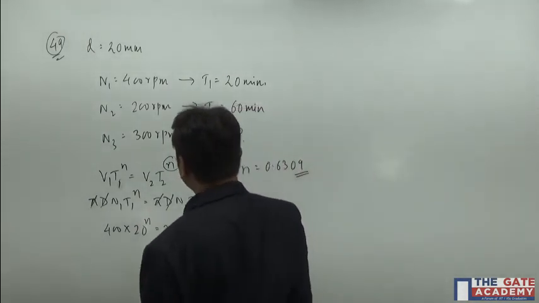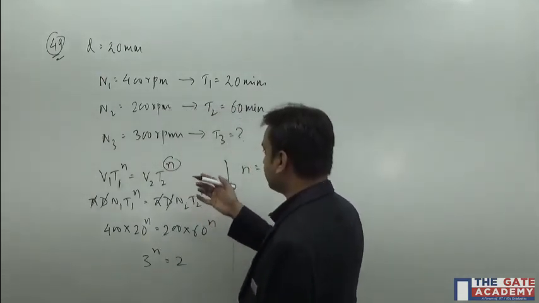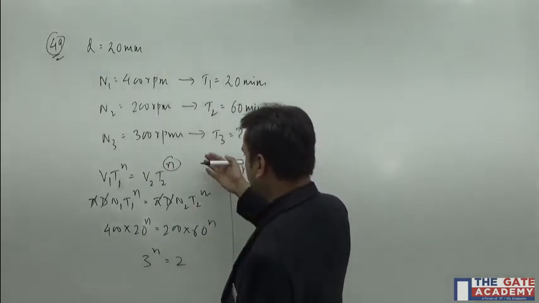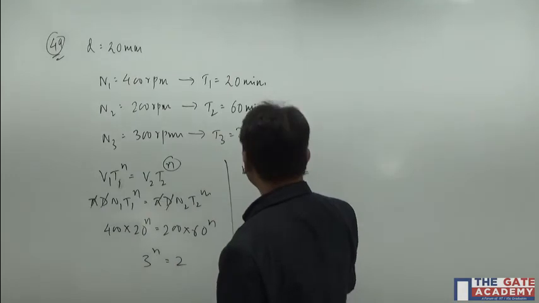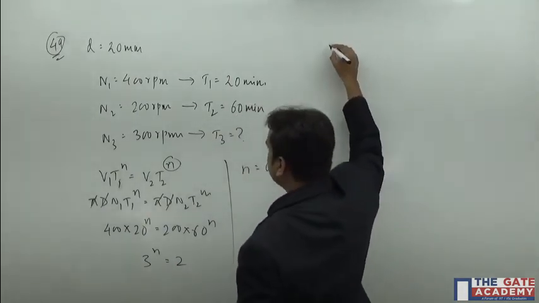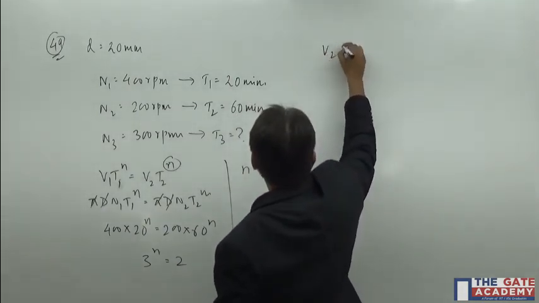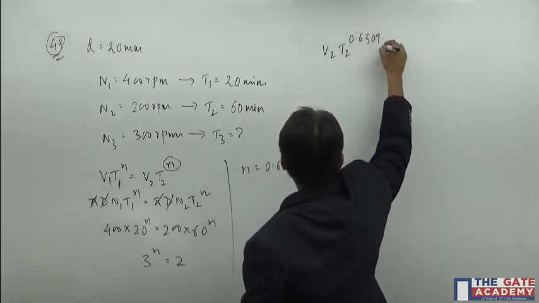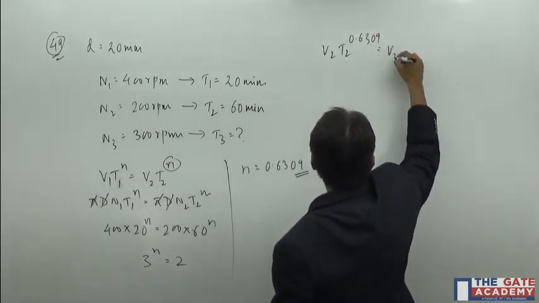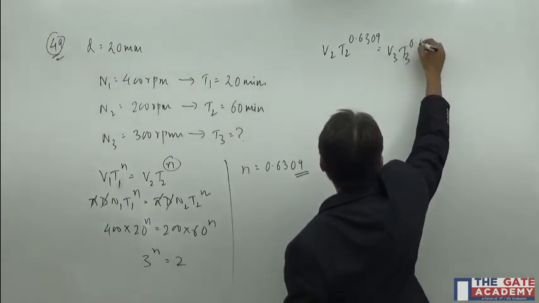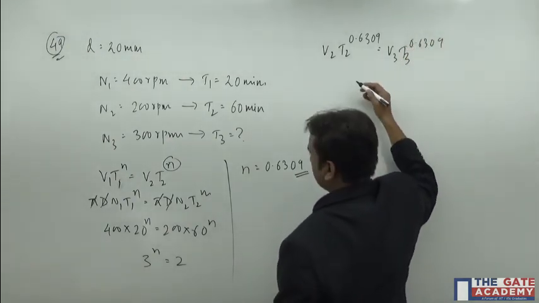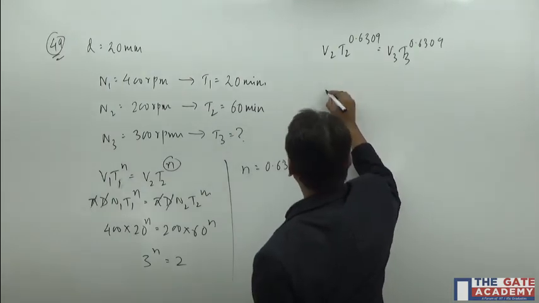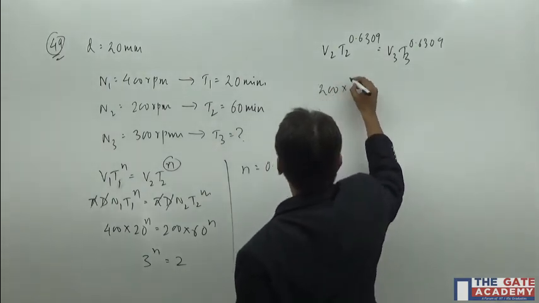Now you have to perform the exact same thing for finding out T3. So the equation now will become V2 T2 to the power 0.6309 equal to V3 T3 to the power 0.6309, and V2 is nothing but 200 times T2.